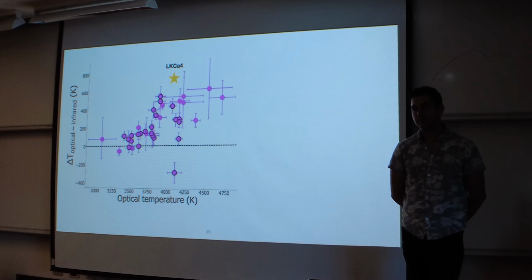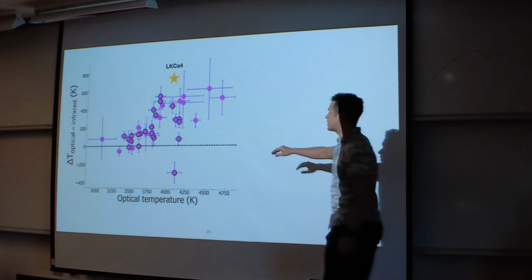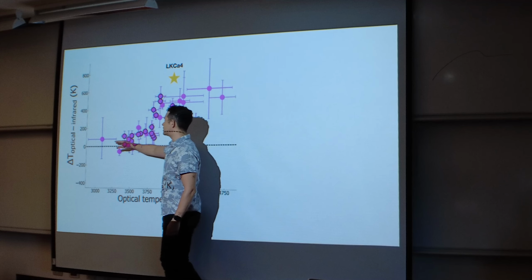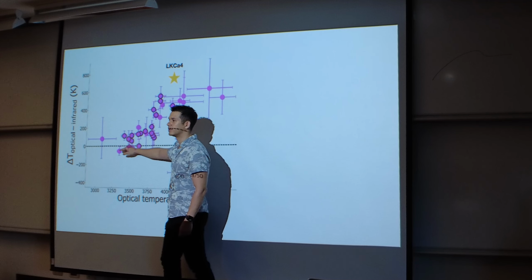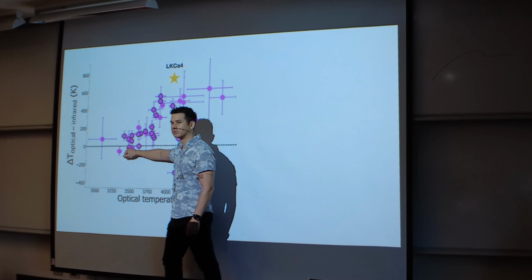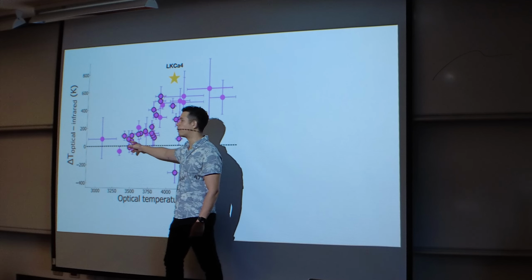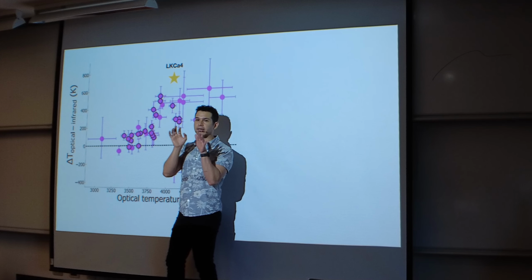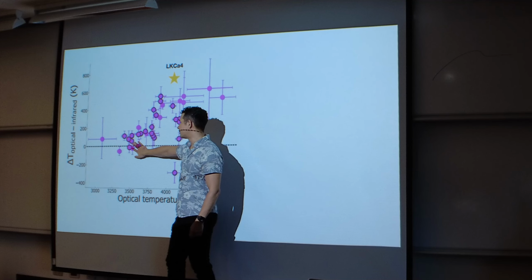Honestly, I don't know. You can see here that for the very cold ones, the temperature differences start becoming smaller, maybe only 100 Kelvin. You would need really precise measurements to tell whether that's significant or not. You might want to just do proper two temperature modeling for these sources.